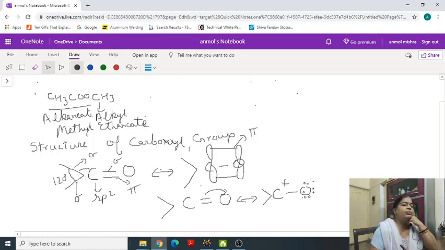And the bond is polar in nature. It has net dipole moment and high polarity. So the first structure is neutral, and the second structure is bipolar.